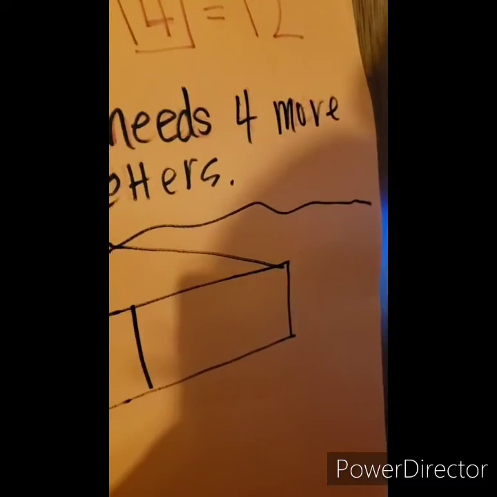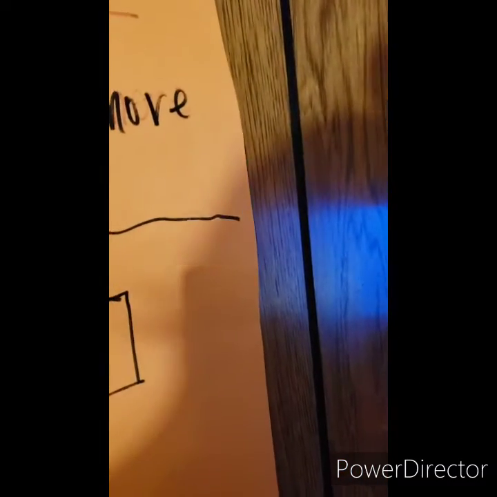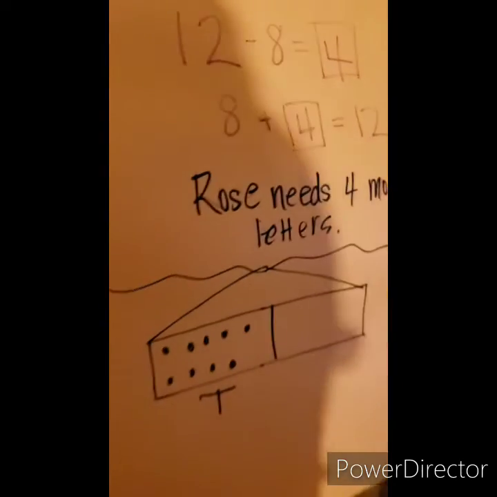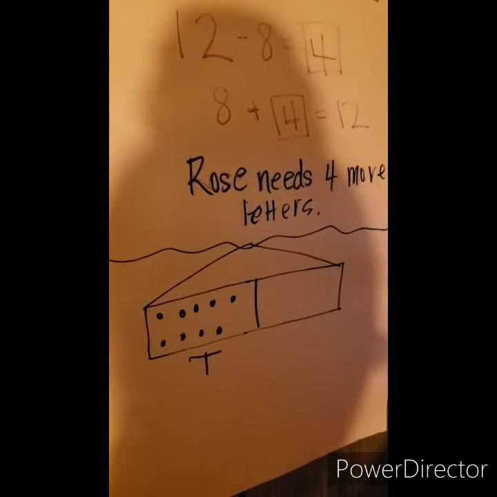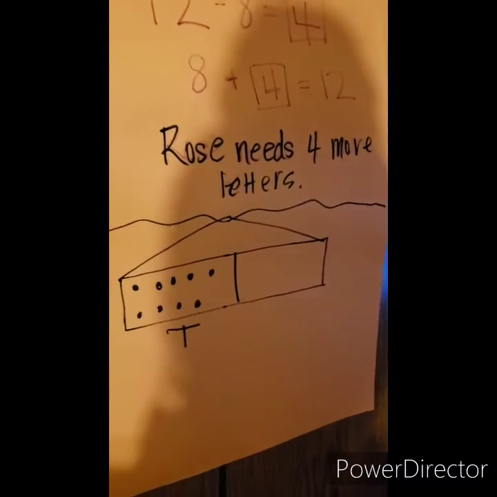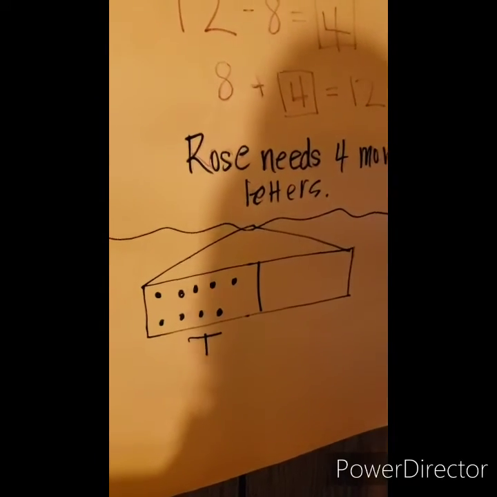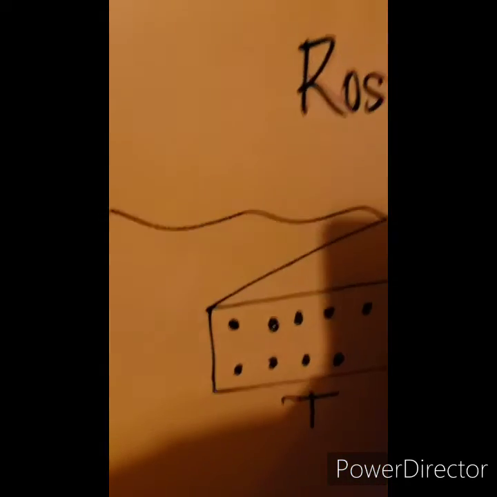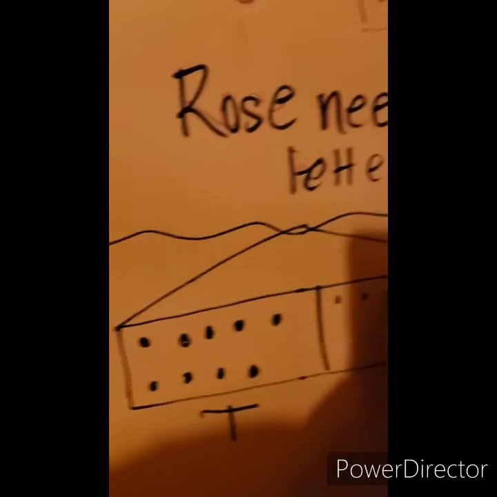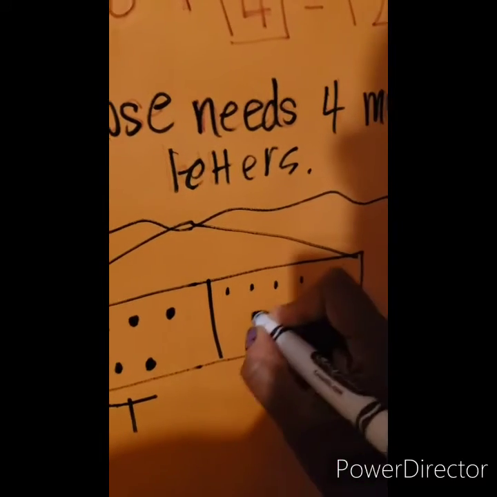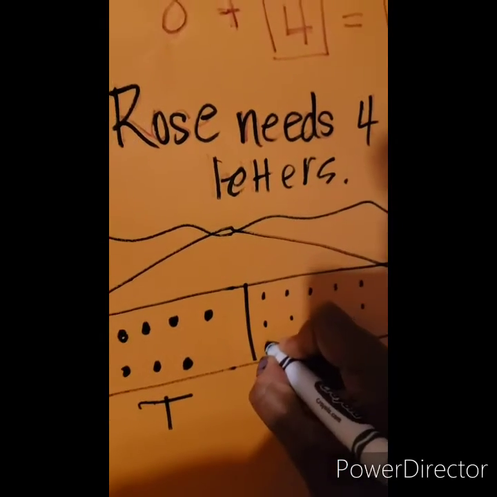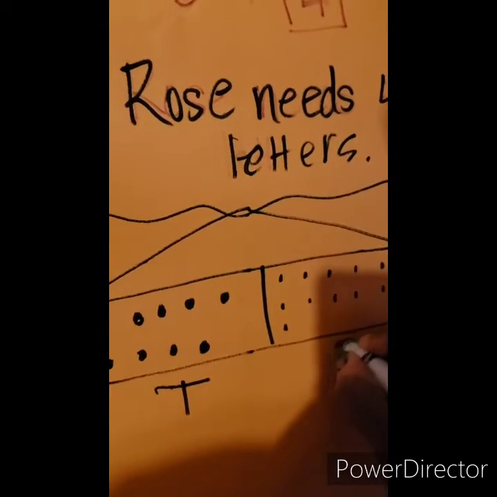I lost my word problem. Hold up. I got too many sheets over here. Okay, here we go. Okay, so Julio collected 11. So here we have 1, 2, 3, 4, 5, 6, 7, 8, 9, 10, 11. And we're going to put a J for Julio.